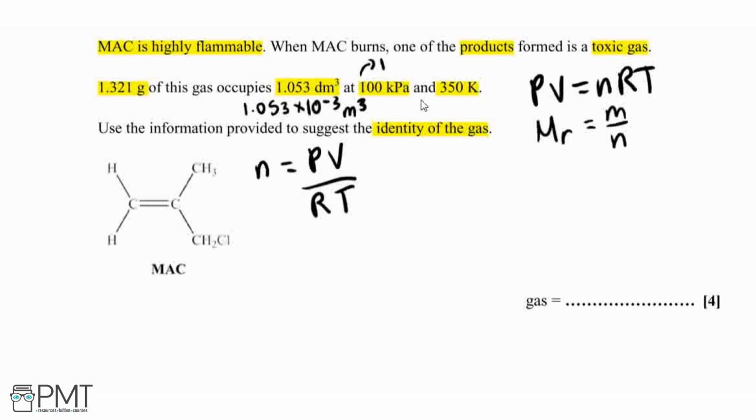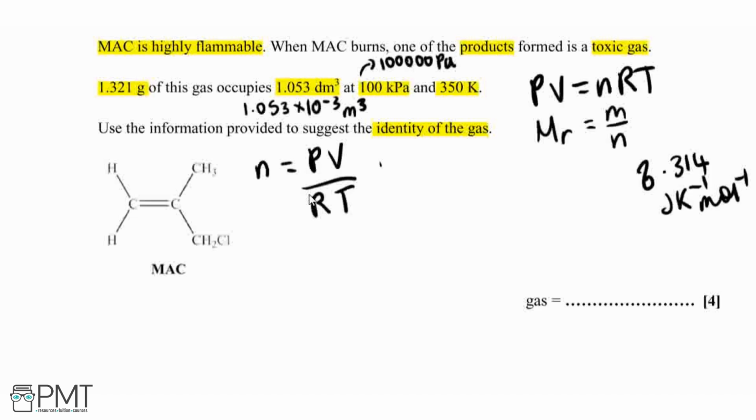So therefore we have 100,000 pascals as our pressure. And our temperature is already in Kelvin, so we don't need to worry about converting that. And the gas constant you can find in your data book, and that is going to be 8.314 joules per Kelvin per mole overall.